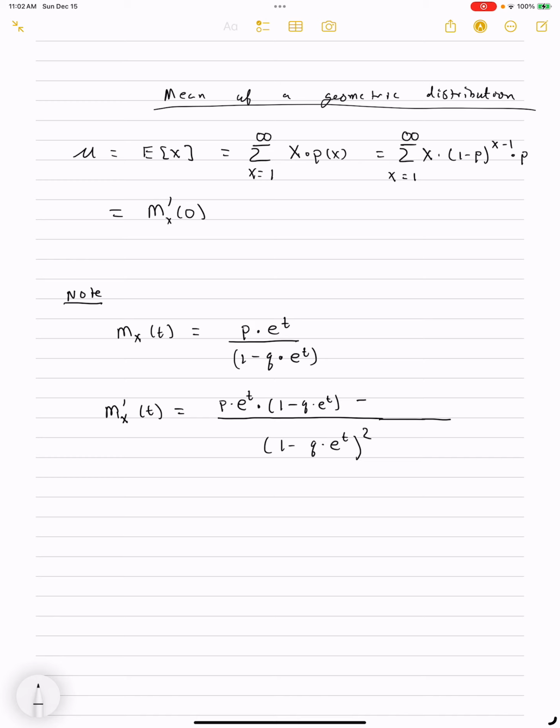Now, when we subtract the top, we're going to leave the numerator alone, so that'll be p e to the t, times the derivative of the denominator. The derivative of the bottom is minus q times e to the t. Okay, so we'll need to FOIL and simplify this. When we FOIL, we'll have to distribute these terms, right?